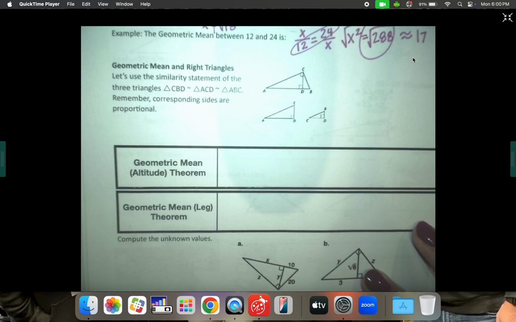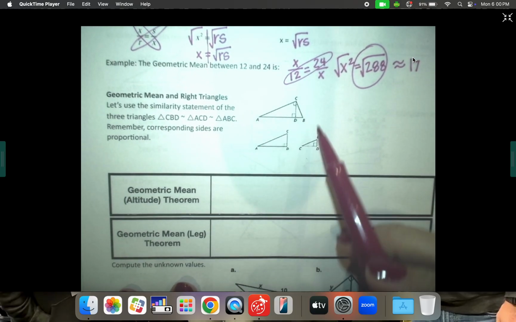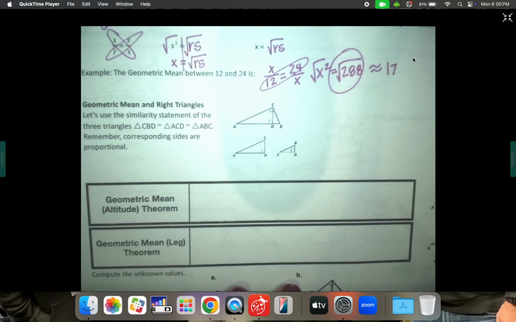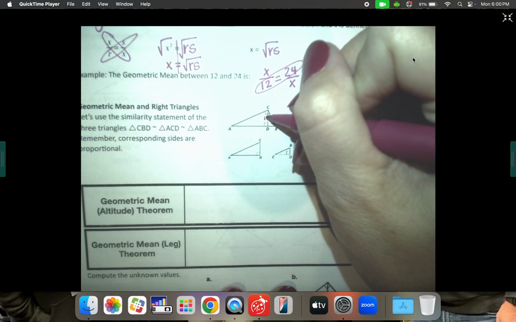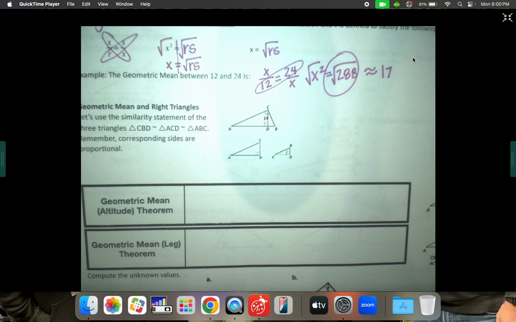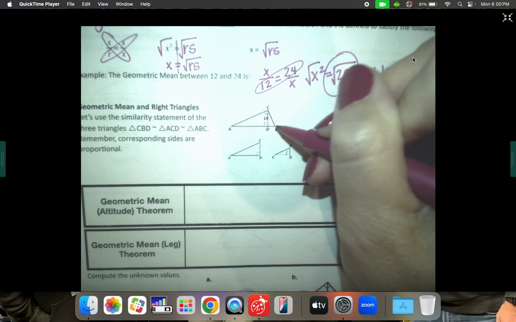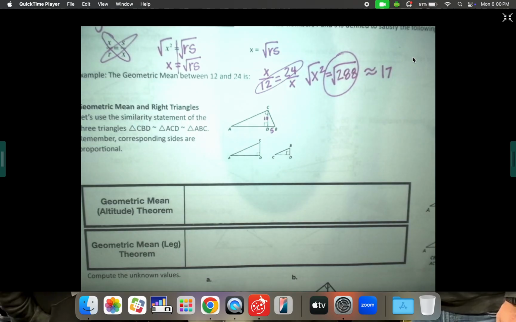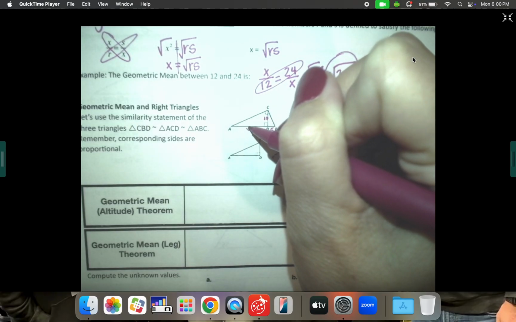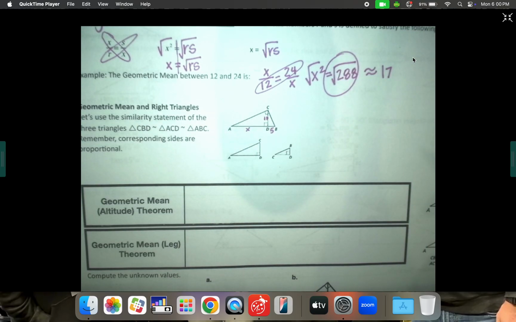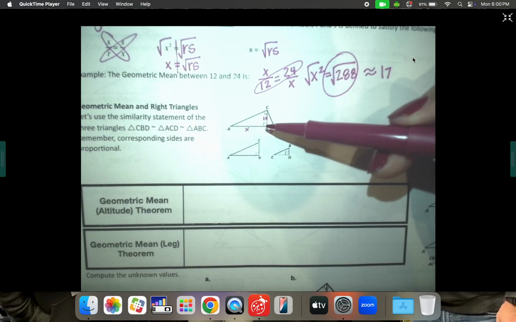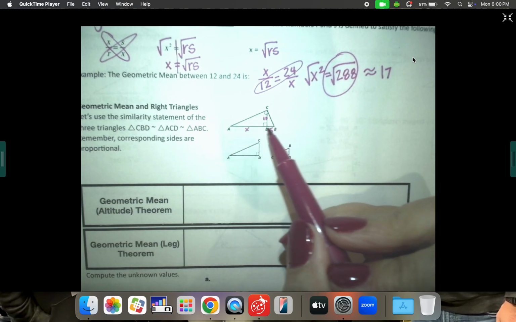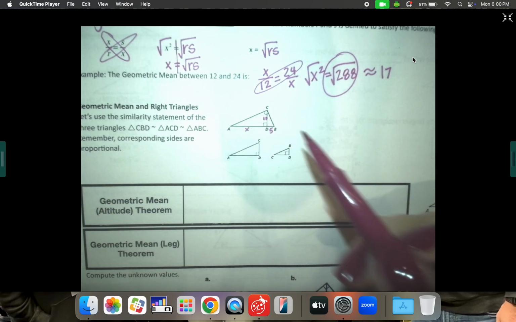Okay, let me tell you why you might be using that. Let's look at these. Say this CD in here is 10, and DB is 5. And we'll say this one's X. If you're trying to find the length X, and the only thing we have is the altitude and X plus 5 for the whole hypotenuse, that's a problem.